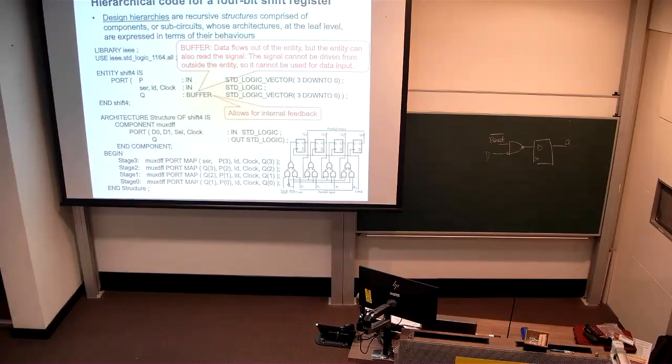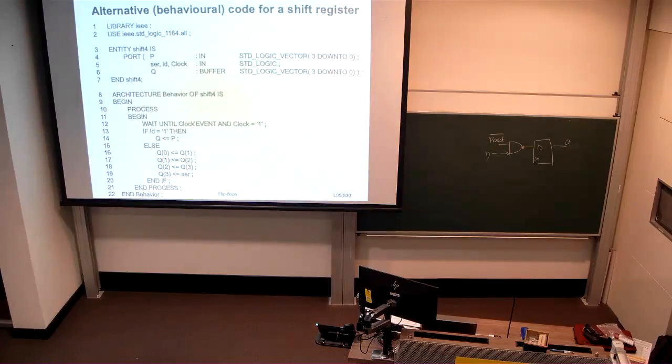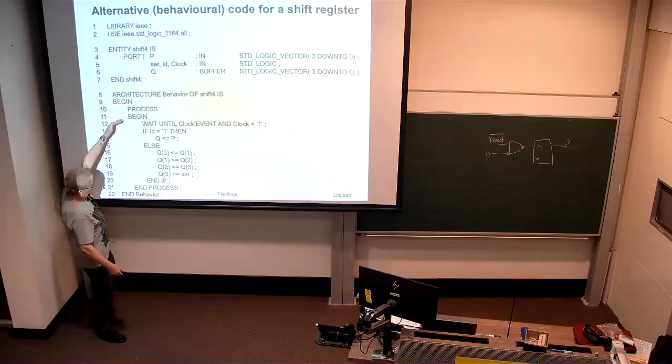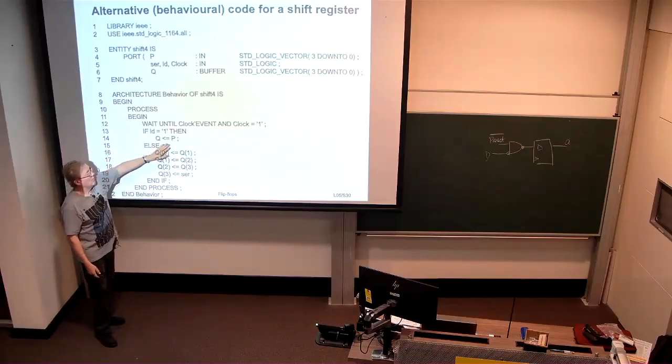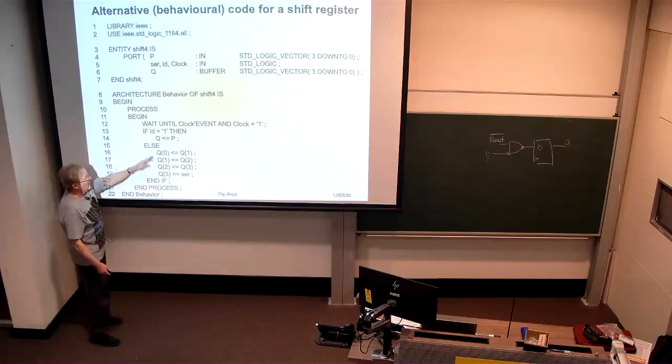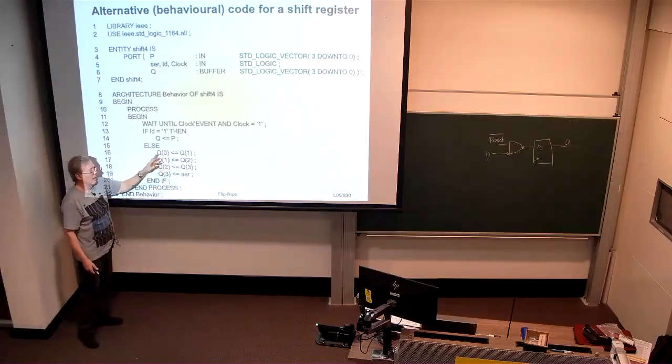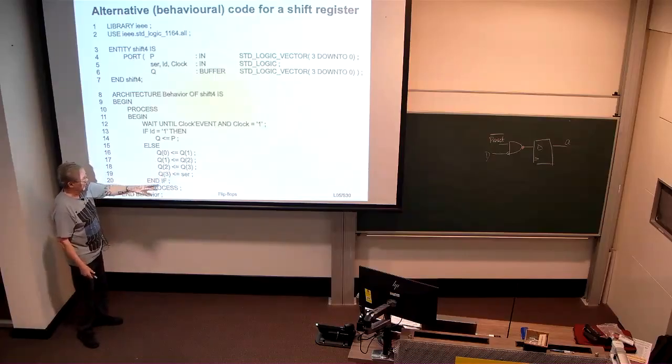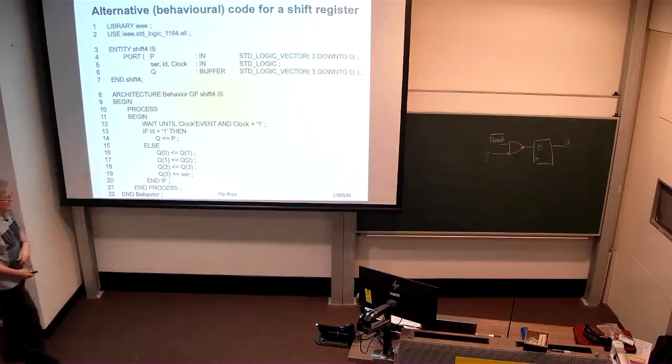So another way of specifying the same structure behaviorally is to have one process active on a clock edge. If load is 1, then we're putting the values of the input P into Q, so it's the parallel load. On the other hand, we want to shift Q1 into Q0, Q2 into Q1, and serial into Q3, etc. Okay?